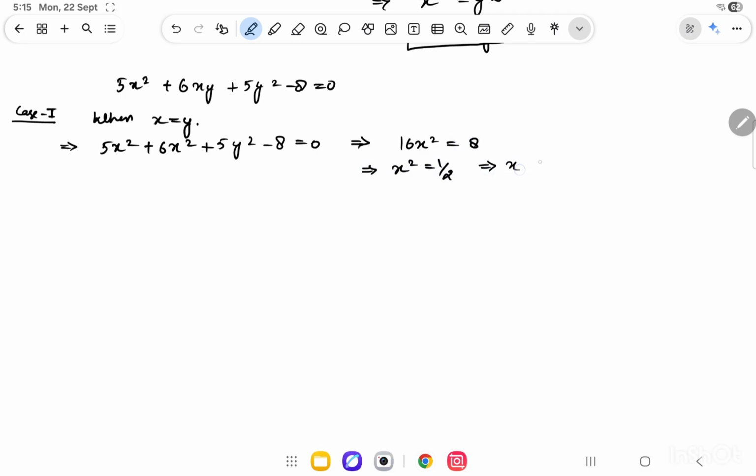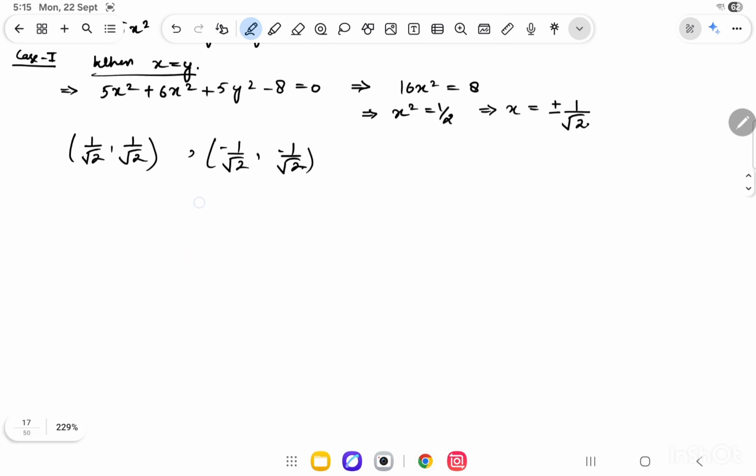So x is equal to either plus or minus 1 by root 2. This gives me 2 points: (1 by root 2, 1 by root 2) or (minus 1 by root 2, minus 1 by root 2), because in this case I assumed that y is equal to x. So let us take case 2.